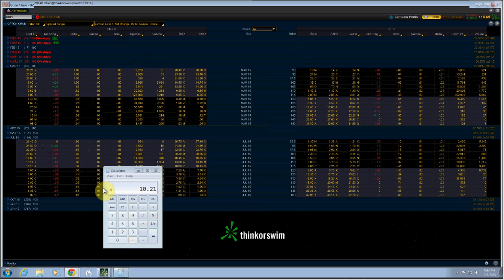So, you know, if we carried this till expiration day and it expired at 125, the stock price was 125. Well, that $2.45, we already know is going bye-bye. But see, this value wouldn't make sense either.